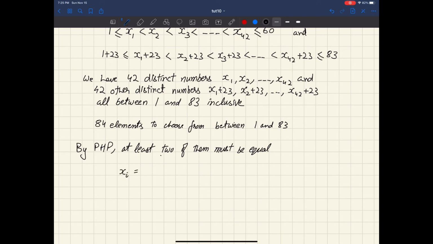So there is a period of consecutive days from j to i where he sent out exactly 23 resumes: xi is equal to xj plus 23 and j is less than i. So the difference between xi and xj is exactly 23.